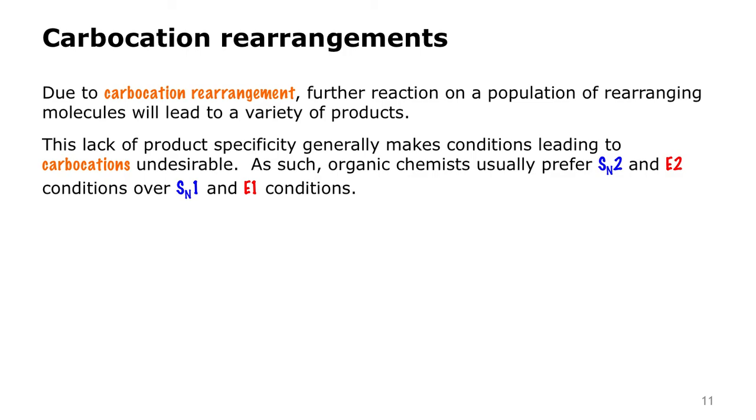And so organic chemists typically prefer the bimolecular reactions, the SN2 and E2 reactions, because rearrangements are not complications in those, whereas SN1, E1 conditions often lead to these mixtures of products, and in some cases unexpected products until you examine things after the fact.